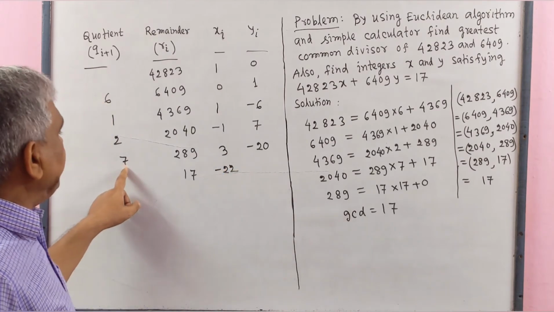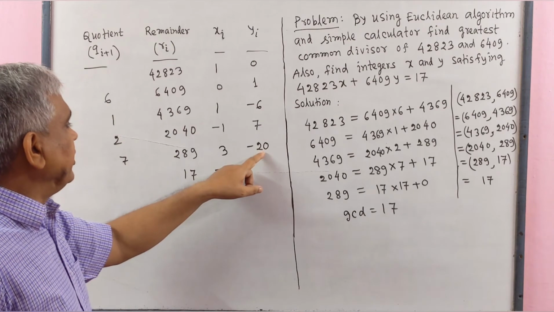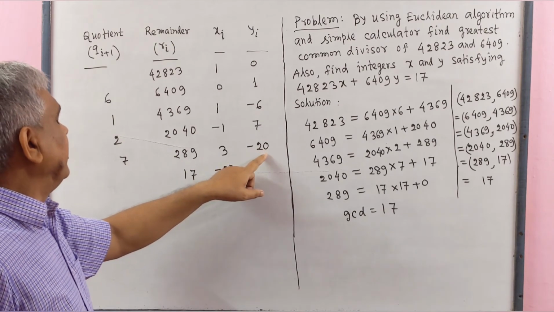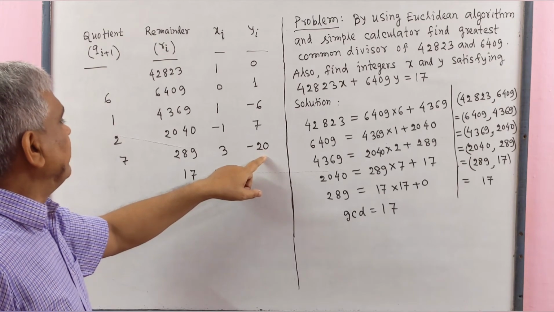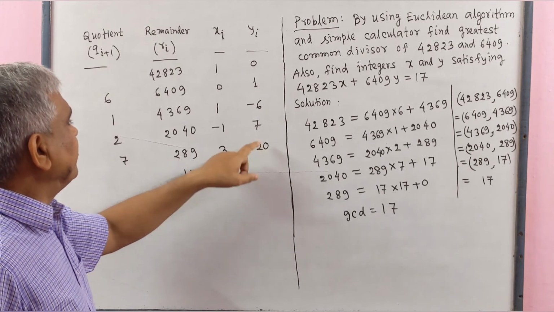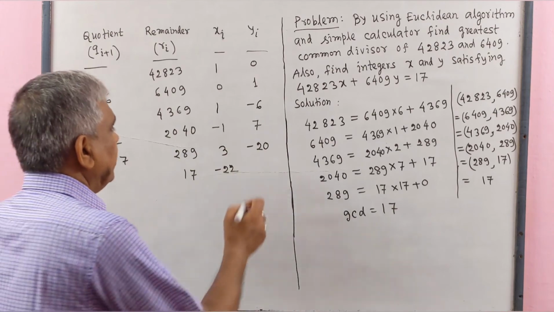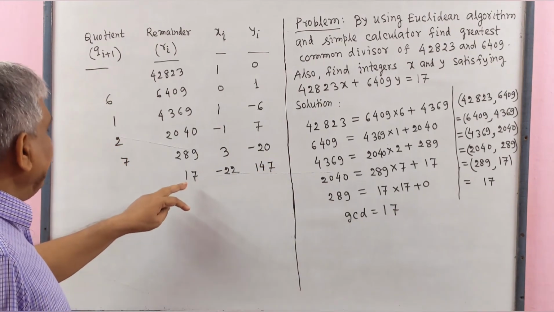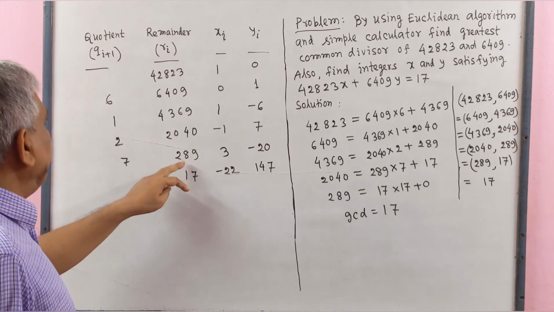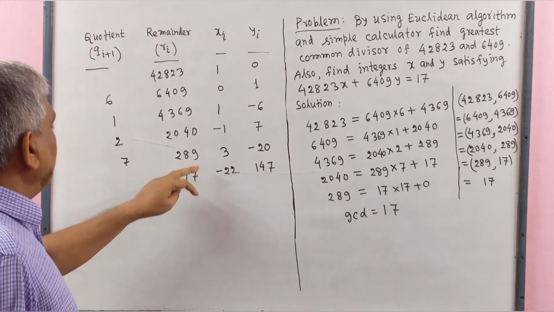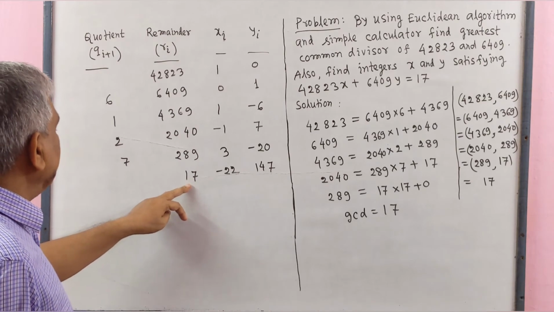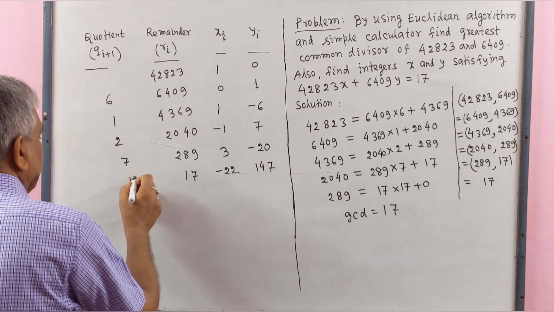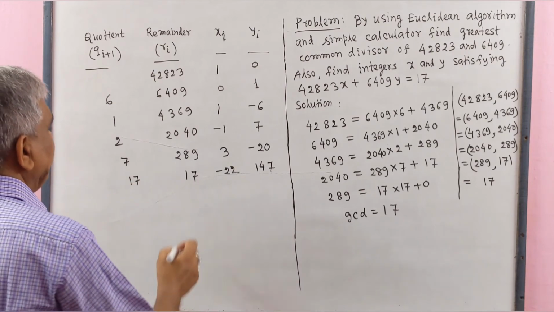Now we multiply 7 with minus 20, we get minus 140, then subtract minus 140 from 7, we get 147. Now dividing 289 by 17, we get quotient 17 and remainder 0.